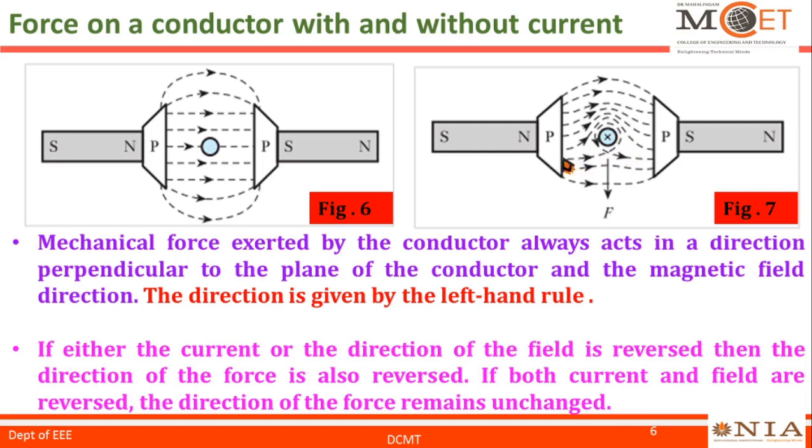Here the flux lines go from north to south pole, and the conductor's flux is clockwise, so both are opposite and cancel each other. That is the demagnetizing effect. Here the magnetizing effect is shown in the diagram. If either the current or the direction of the field is reversed, then the direction of the force is also reversed. If both the current and field are reversed, the direction of the force remains unchanged.